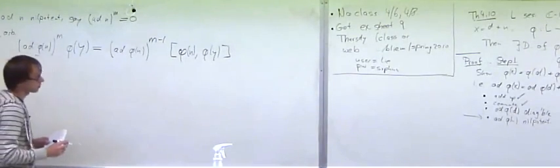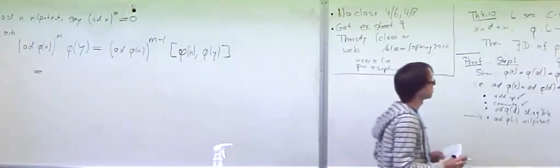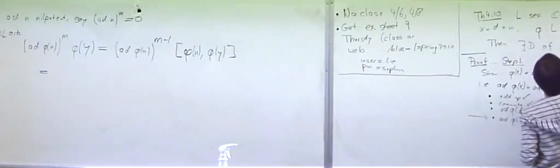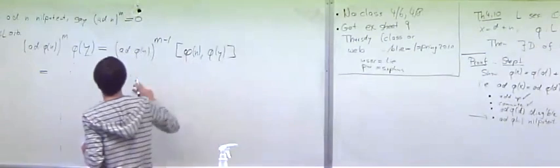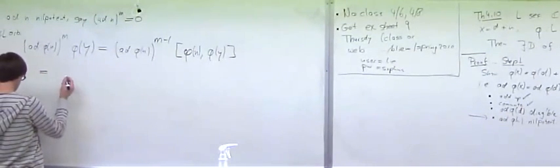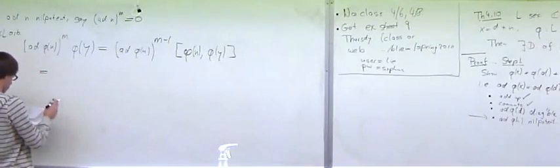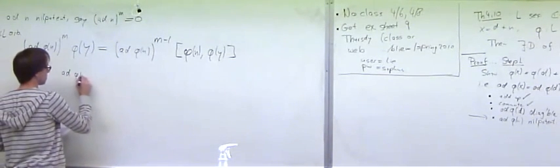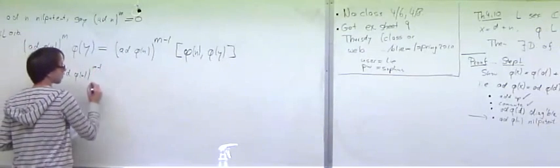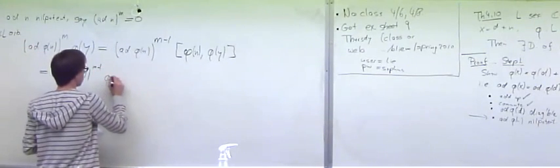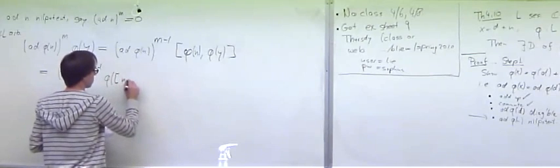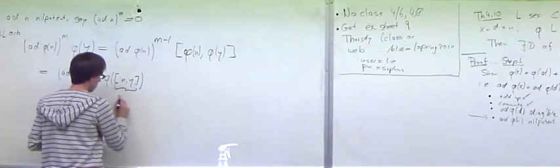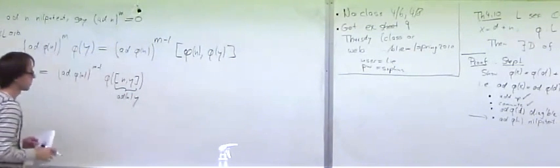So I have supposed that phi is a representation. That means a homomorphism of Lie algebras. So I can take the phi out of the bracket. So I just copy the first part, and then I get phi of the commutator of N and y. Right. So I can write this again as ad N y with this ad notation.